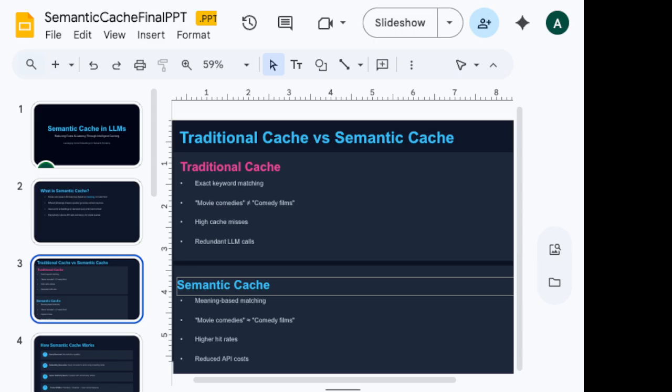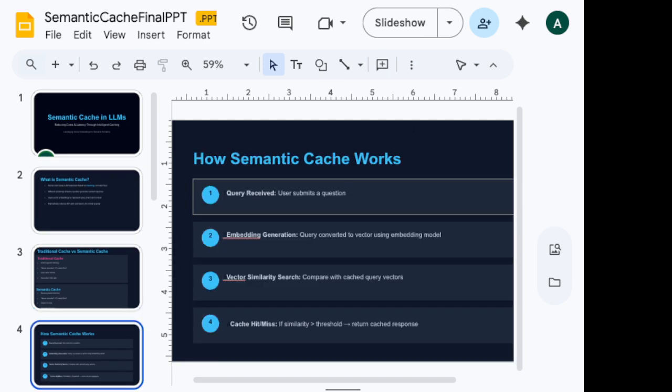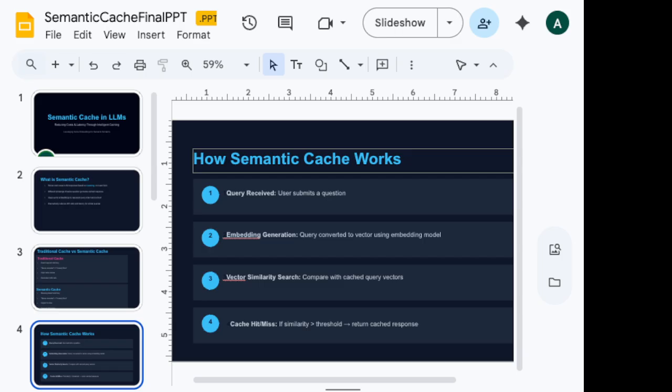We are evaluating the meaning of the query and considering queries similar if they carry the same meaning. So that leads to high cache hits and thus reduces the API calls, and the operational cost of inference that comes with the LLM model can be addressed. Let's take a high-level look at how it actually works behind the scenes.